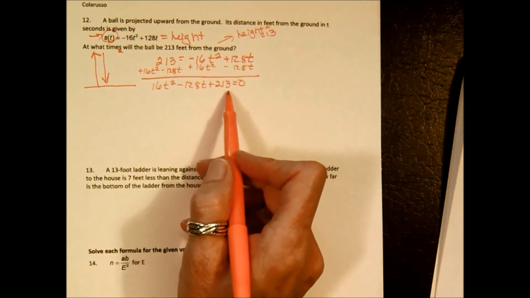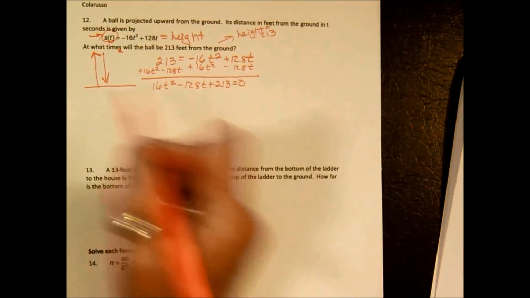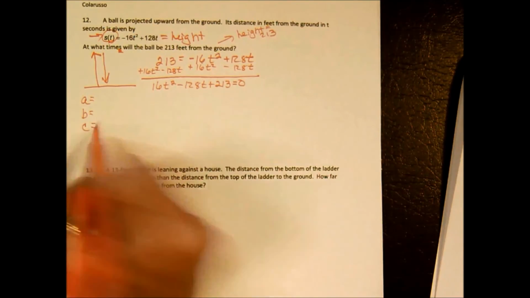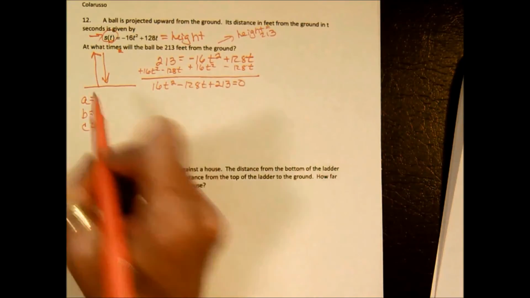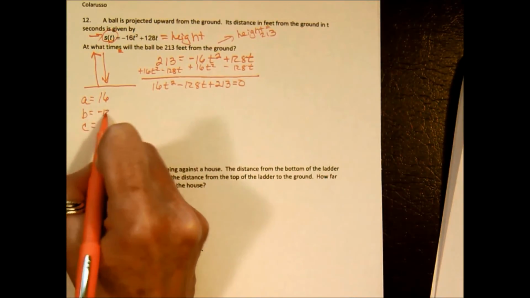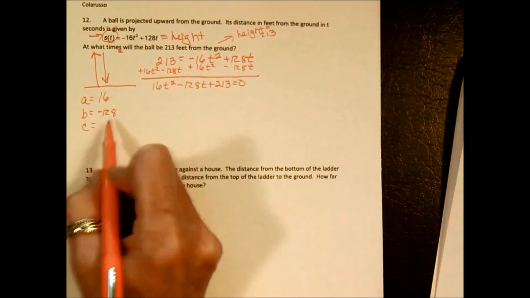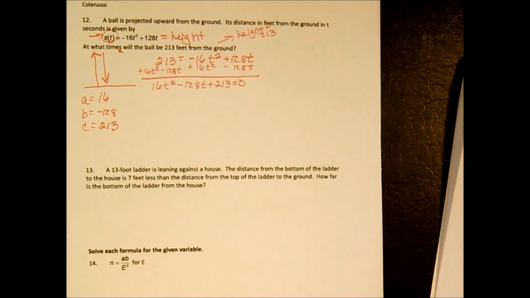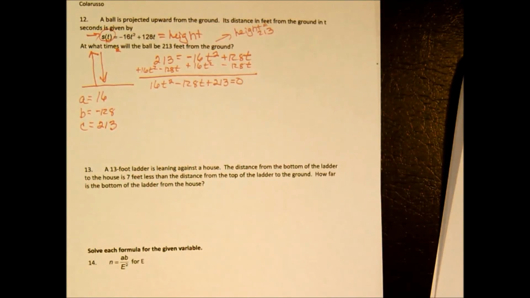So I'm going to go ahead and use the quadratic formula and identify my A, B, and C. So A is 16, B, excuse me, is negative 128, and C is 213. And if you don't have a calculator, you want to pause this and go get one. Now we just fill in using the quadratic formula.